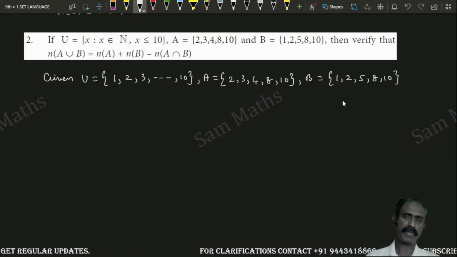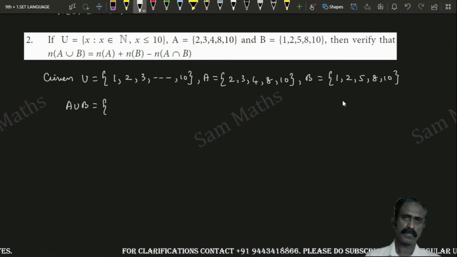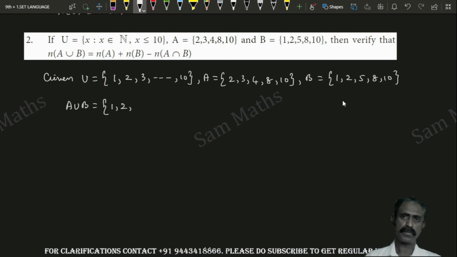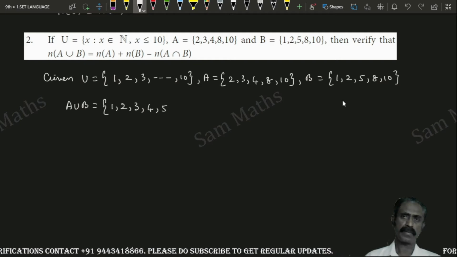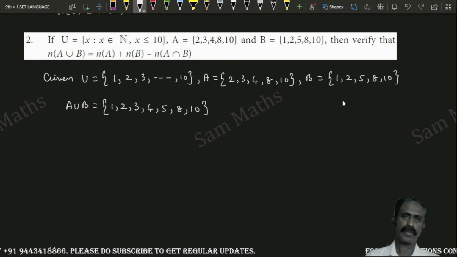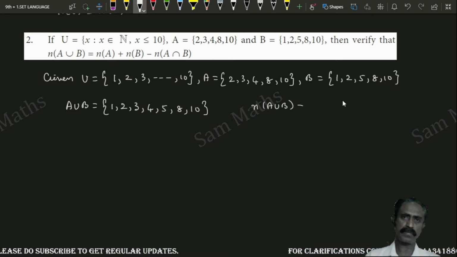From this we can find A union B. Both the sets together, it's 1, 2, 3, 4, 5, 8, 10. Therefore, n of A union B is equal to, just you count the numbers, it's 7.